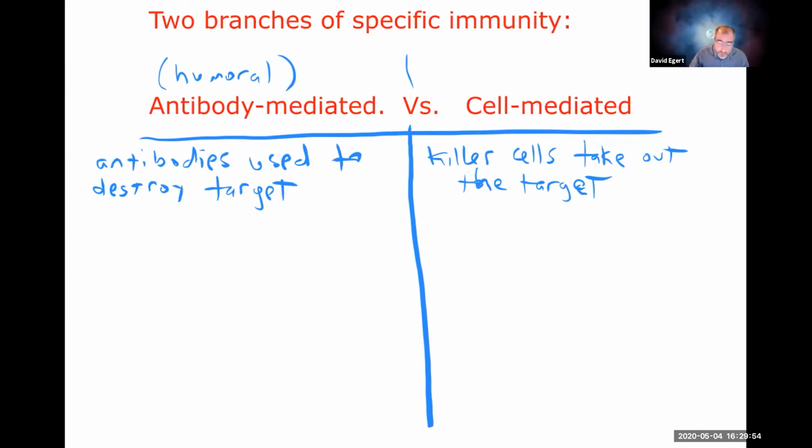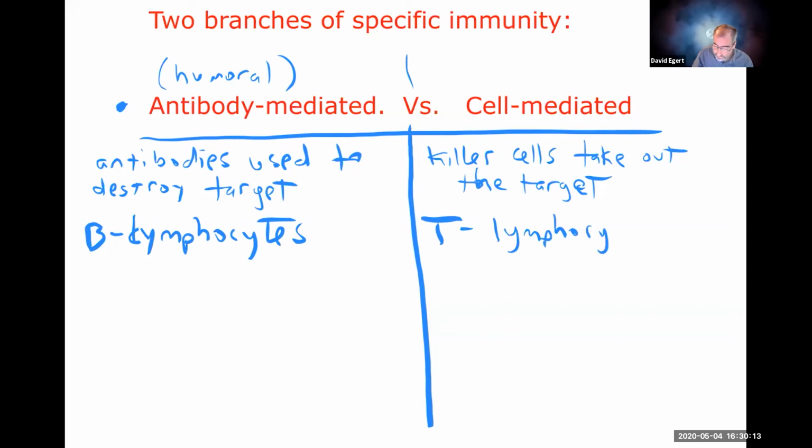Another big difference between these two, antibody mediated uses B lymphocytes, where cell mediated uses T lymphocytes. Sometimes they just call these B cells and T cells. They get their name based on where they mature.